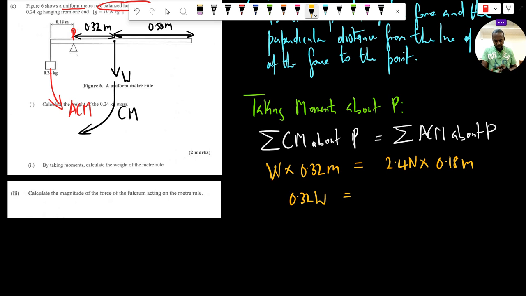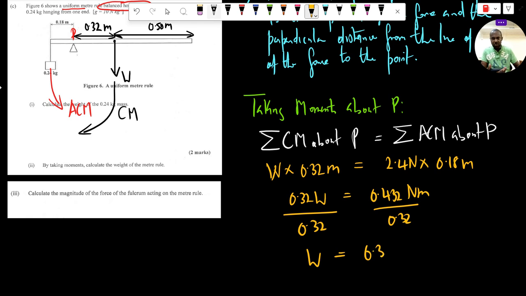That gives us 0.432, yes, 0.432 newton meters. And therefore we can divide both sides by 0.32. And so therefore we say that W is equal to 0.432 newton meters.